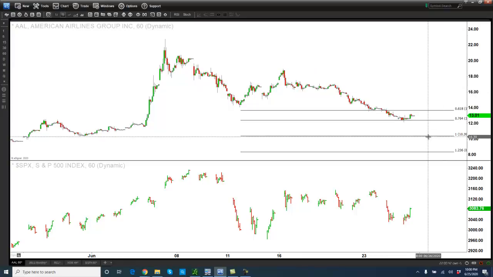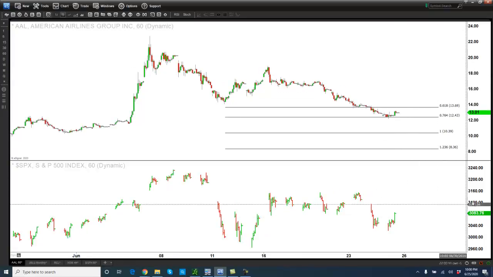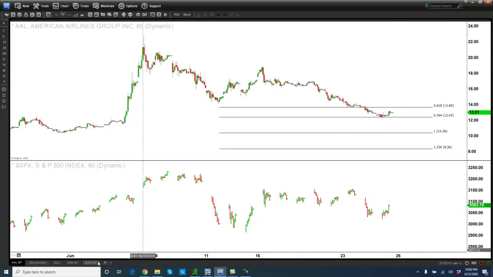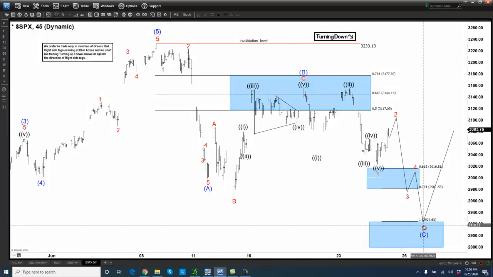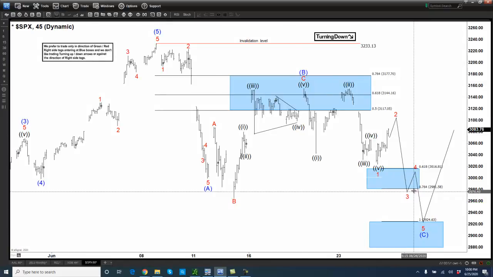So if American is going to trade here, chances are that the S&P reaches the expected area around 21, 24, or at least around the 29.81 area, in which we would like to buy it.